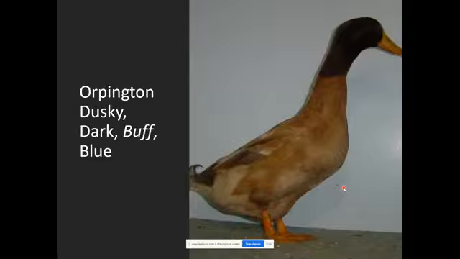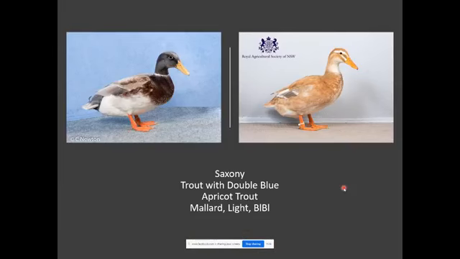Just a little jam, so we're just going forward again. The next example that I want to talk about the genotype of is the breed the Saxony, which is a version which could be called a trout phenotype with double blue, or an apricot trout is how this phenotype is called in some other breeds.